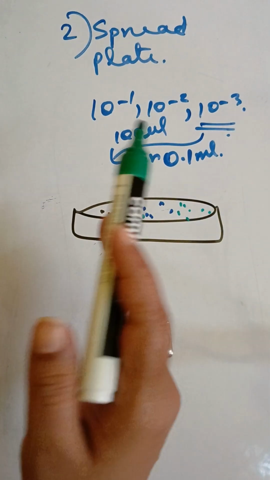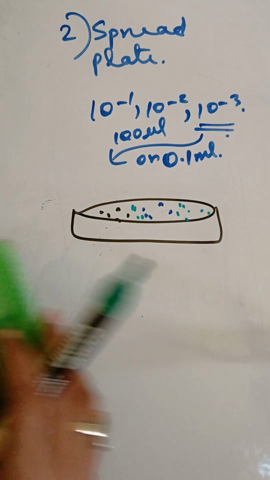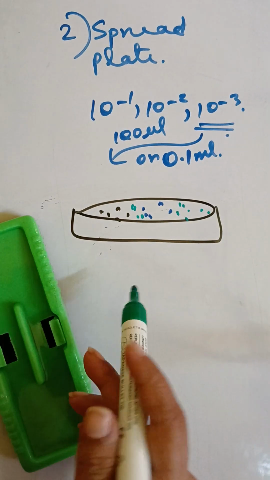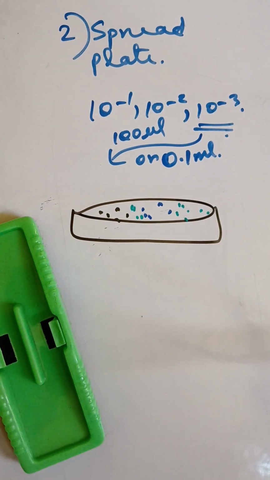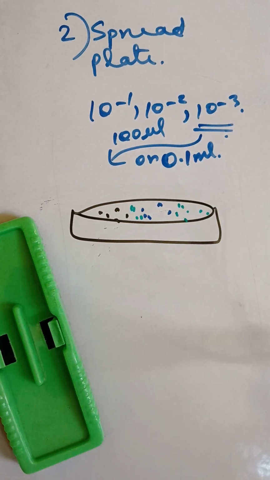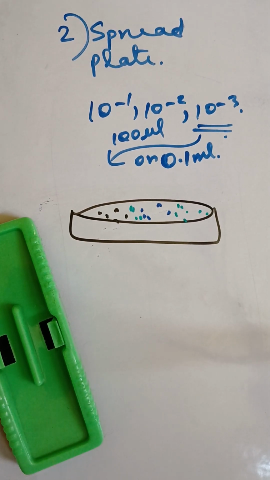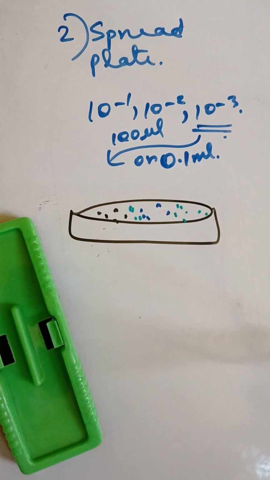So this is a very minute difference which we have to remember. But both these bacterial plating methods help us count the different types of bacterial colonies present in the dilution, and after multiplying by the dilution factor, we get the actual number of colonies from the original soil sample or water sample, whatever.